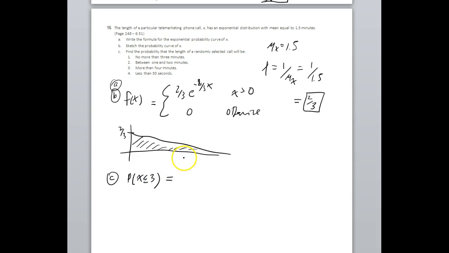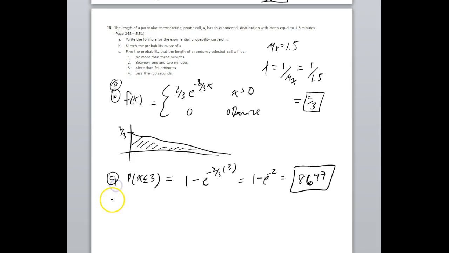And this is just similar to last time. So this is going to be 1 minus e to the negative lambda times x, which is 3, which is 1 minus e to the negative 2. 0.647.